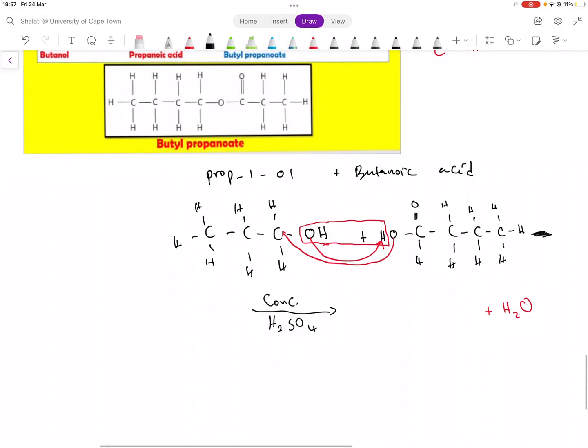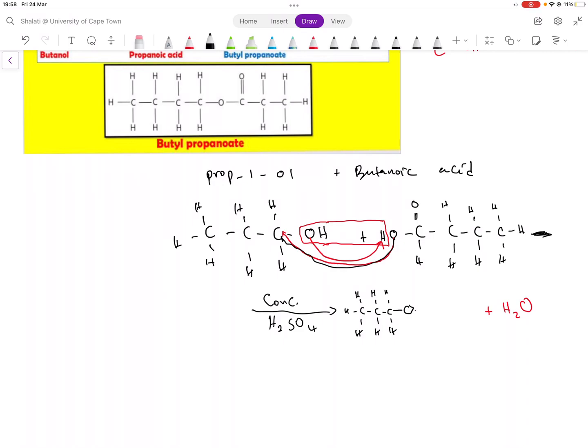Okay, so this is how the product will look. We're going to start with the 3 carbons from the alcohol as it is, and then here we have 2 hydrogens. Then we're going to show the bond from the oxygen to the carbon, so there is the bond.